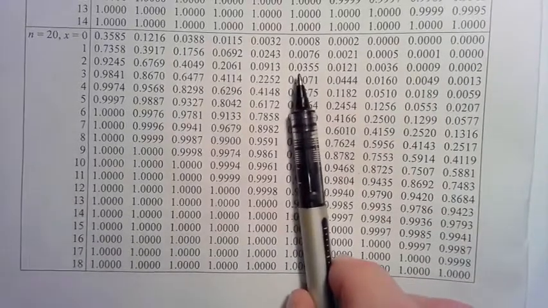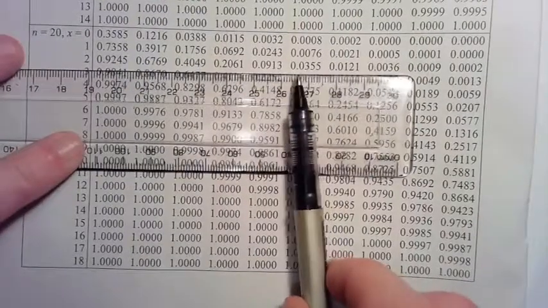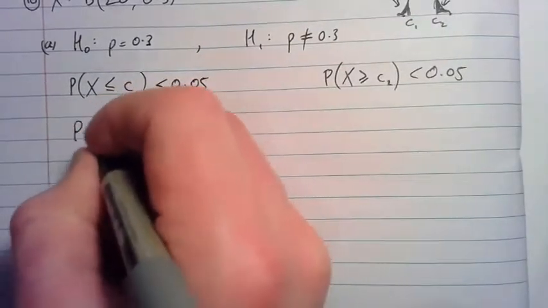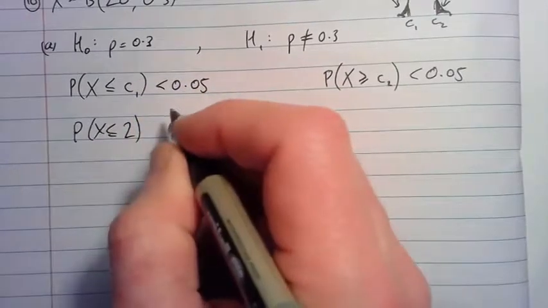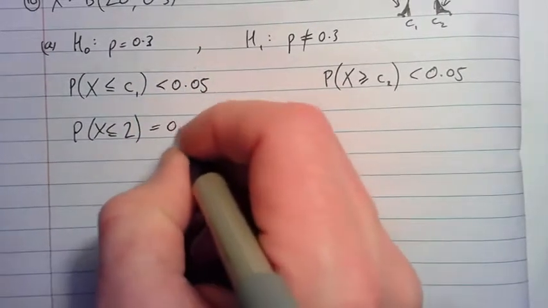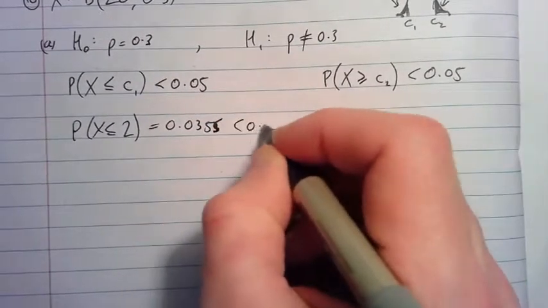So that's the one we're interested in, and that reads across to 2. So the probability that X is less than or equal to 2 is 0.0355, which is less than 0.05.